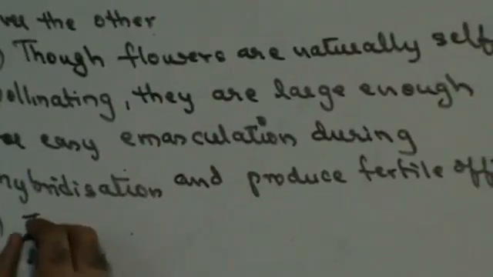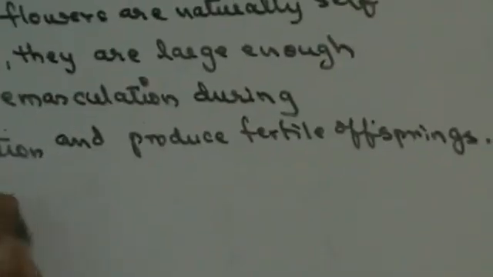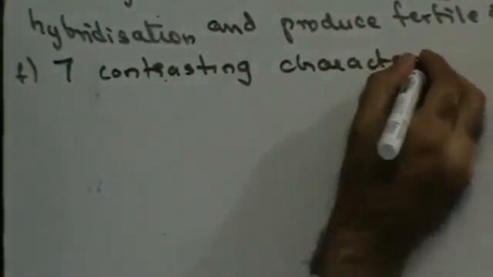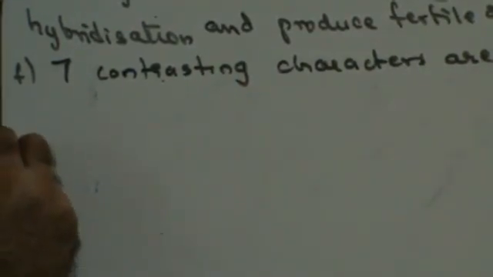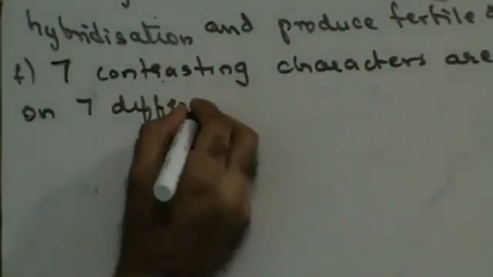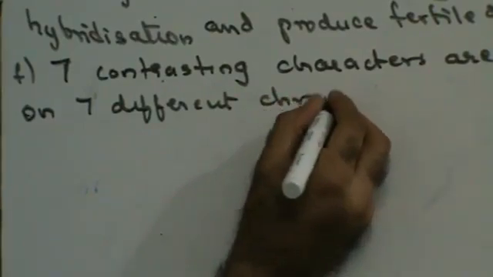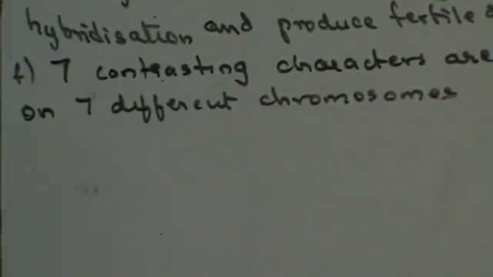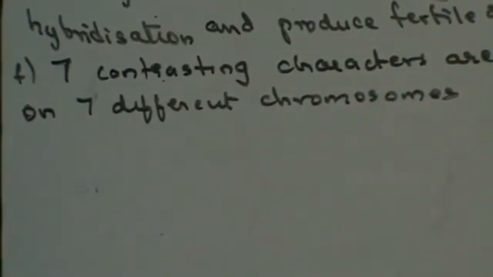The 7 contrasting characters are present on 7 different chromosomes. Right? So these are the characteristics of a pea plant.